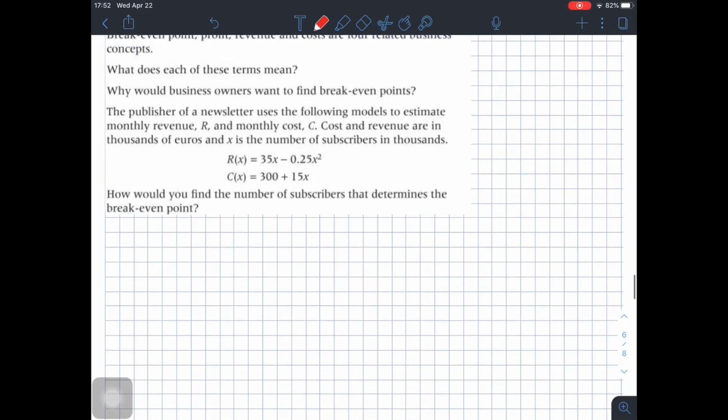So the problem says, the publisher of a newsletter uses the following models to estimate the monthly revenue, that's the income, and monthly cost, C. Cost and revenue are in thousands of euros, and X is the number of subscribers in thousands. So here you have the equation for the revenue, the equation for the cost.